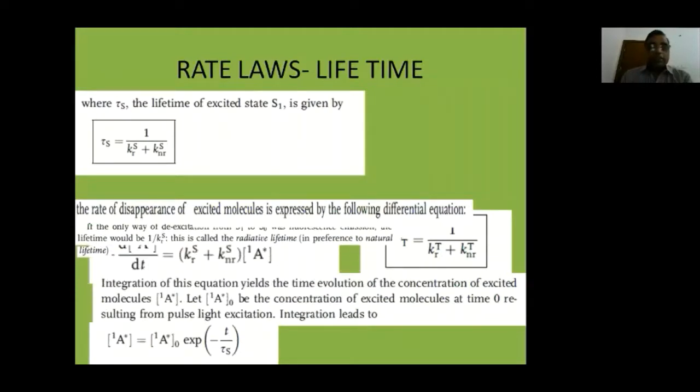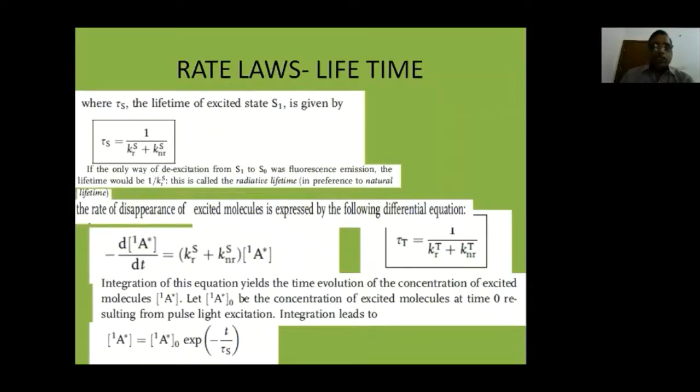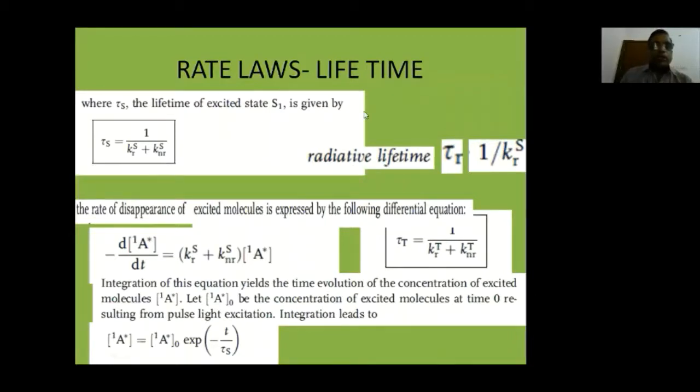Suppose from the singlet state there is no non-radiative deactivation, only the radiative deactivation. Then you get a radiative lifetime, called the natural lifetime, which is your tau r, which is 1 over k r. This is how you get all these 3 lifetimes.